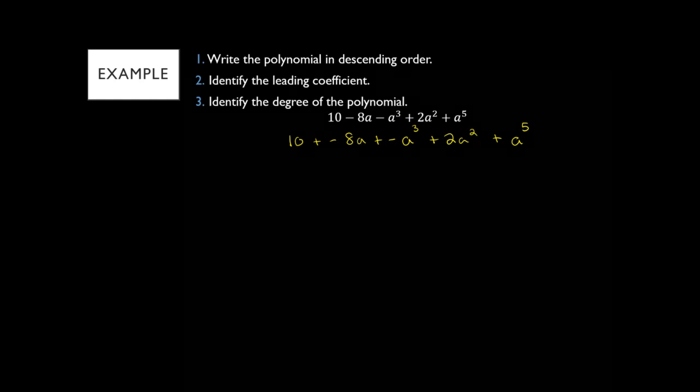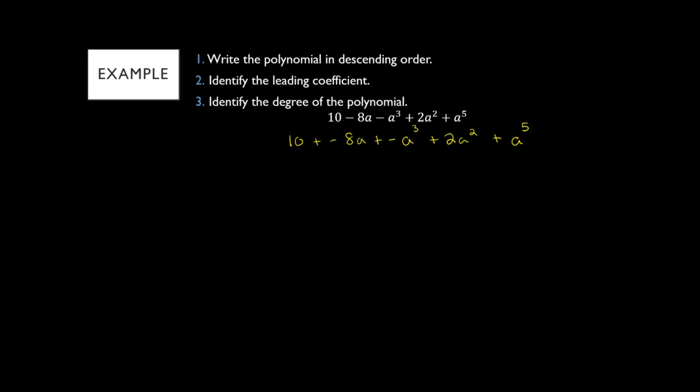So now when we want to write it in descending order, we go from highest to lowest. So the highest exponent is a to the 5th. So I'm going to put a to the 5th first. And if it helps, you can cross that out so you know what's left. We start counting down. We don't have a to the 4th, but we have a to the 3. So that's going to be the next one. There's a plus negative a to the 3, so that's going to be a negative a to the 3.